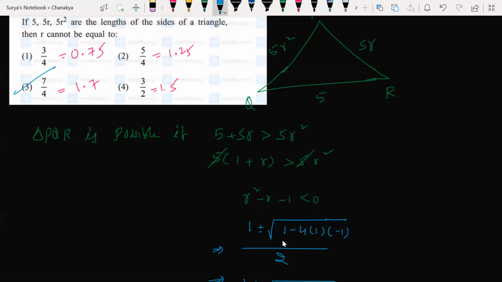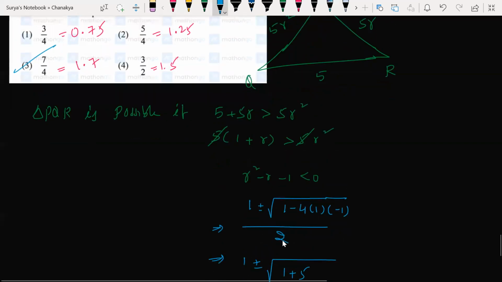You just normally calculate 0.75 into 0.75 minus 0.75 minus 1.